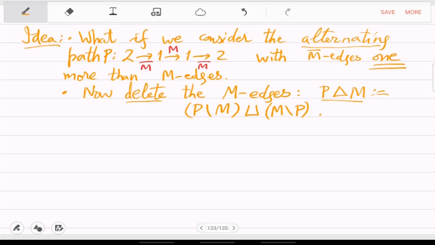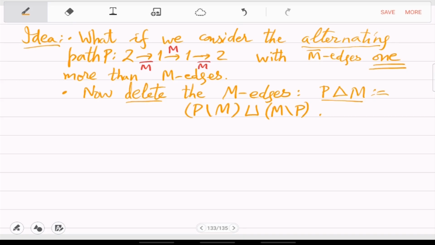In general, what you will do is you find an alternating path P, and you only pick those edges which are either only present in P or only present in M. So in this case, for example, you will be left with 2 1 and 1 2. That will be the answer, and that actually grows your matching. Okay, so this is what happened in this example.